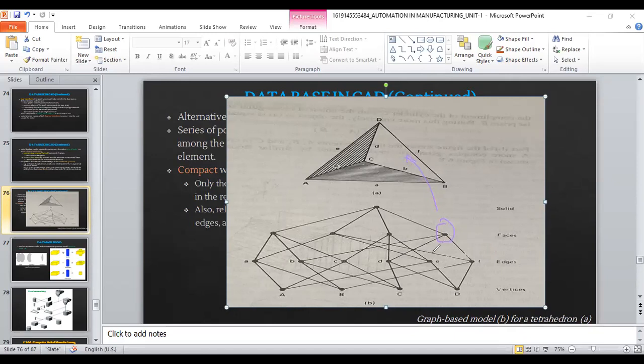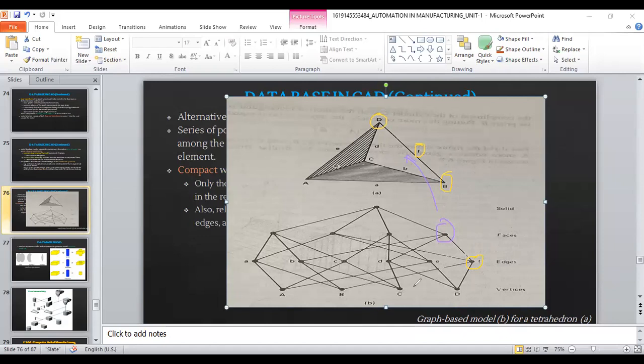Face, okay, you have these three edges. And now for defining edges, because each edge will have at least 2 points, right? For example, you see F, this one, okay, F. This F has two vertices, D and B. You see F has D and B. That is why it is connected to this.